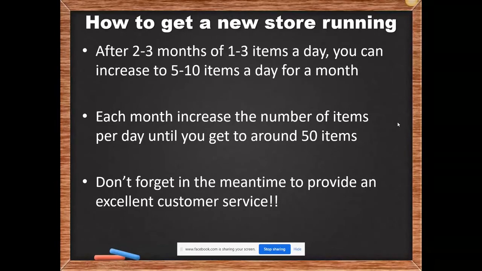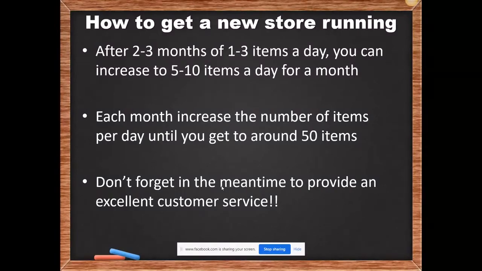In the meantime, because you started very slowly, very consistently with very well-sourced items and good customer service, the probability of your first store, second store, third store, and so on getting banned is much lower. You see what I'm trying to teach you here?